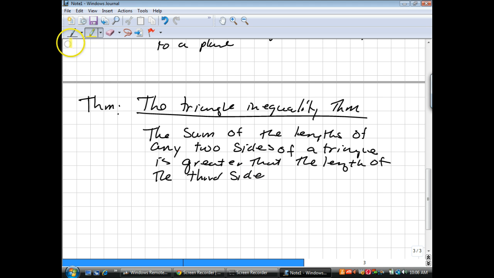Okay, this is a very, very important theorem. We're going to use it quite often.